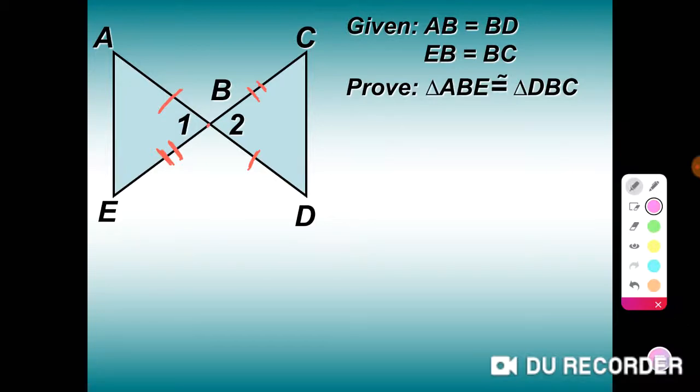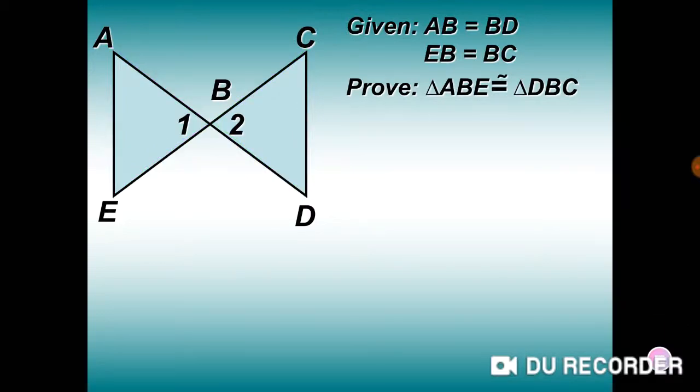I think now it may be clear what postulate you need to use, right? Here we plot the given information on the figure as we did just before, okay?